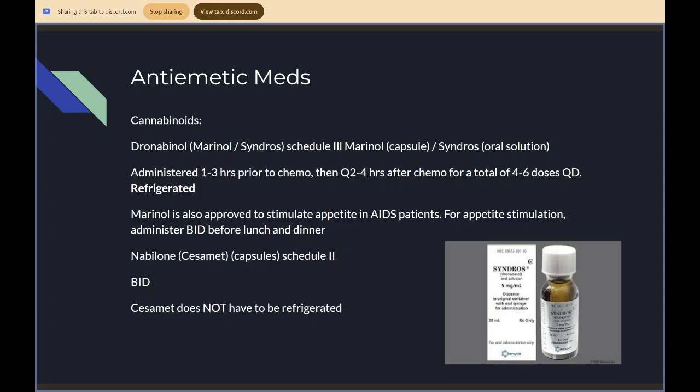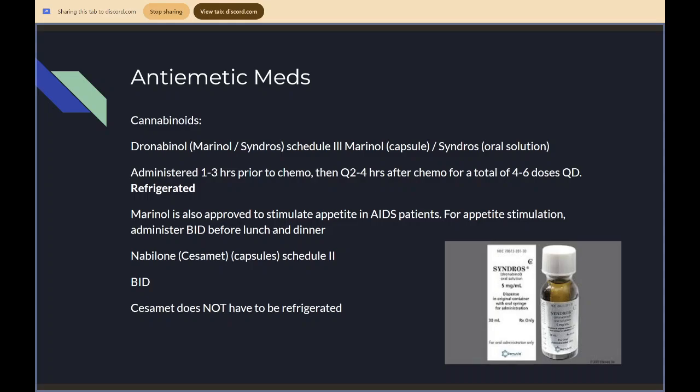Now, I don't know if you knew this. Chemo can destroy or cause damage to the center in your brain that causes hunger. So, in order to prevent chemotherapy-induced cachexia, and I'll type that into the chat, or wasting syndrome, marijuana or cannabinoids are used to stimulate hunger in patients undergoing chemo and post chemo as well.